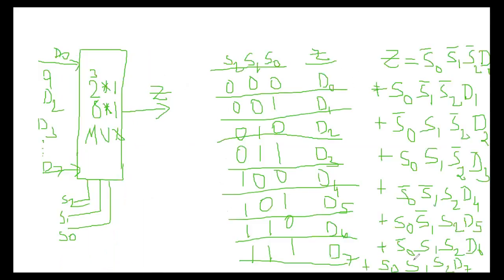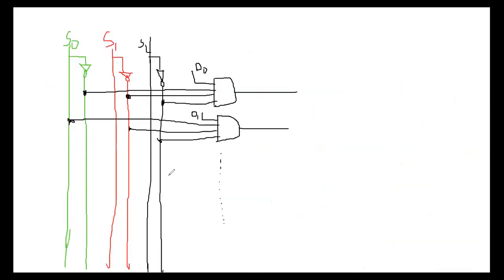And the last Boolean term you can see here, S0, S1, S2 and D7. Okay. Now I am drawing the last one, S0, S1 and S2. All are uncomplemented. And another input is there, that is D7, connected to the AND gate.